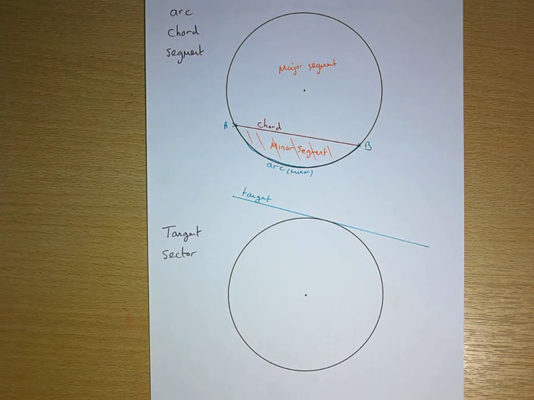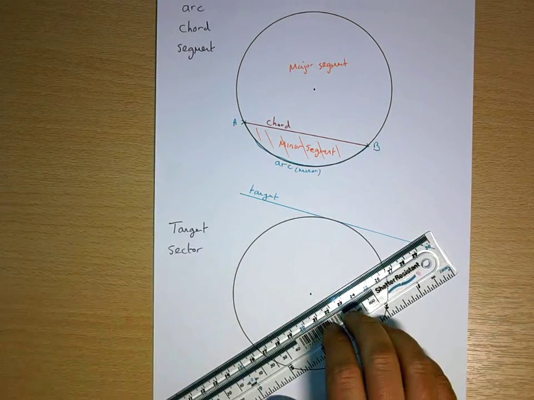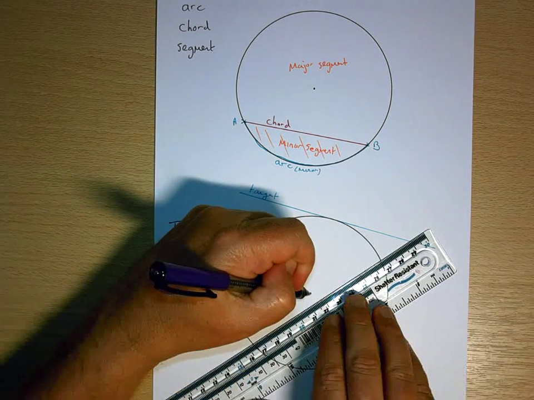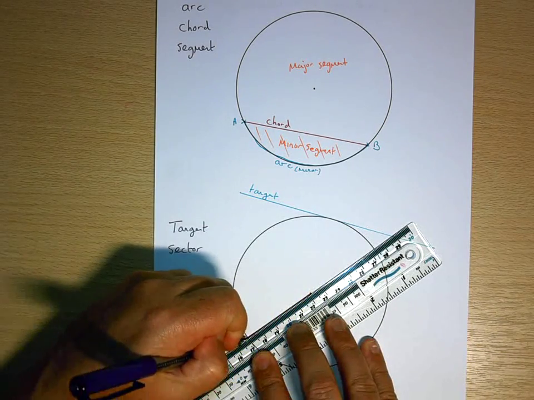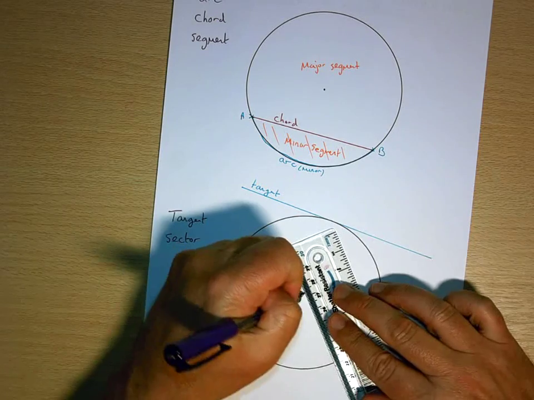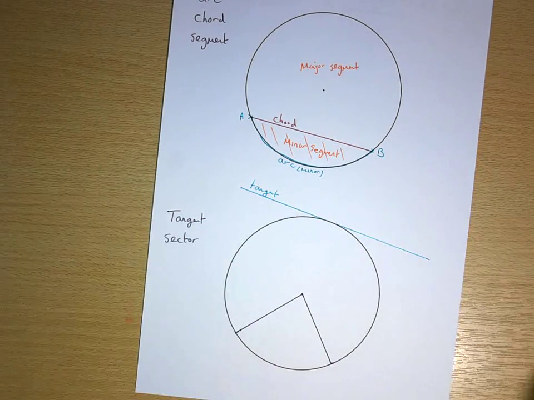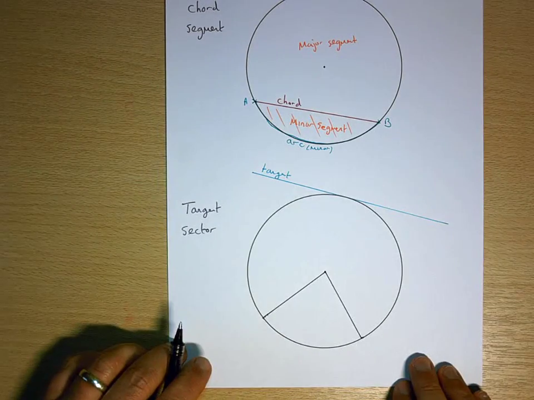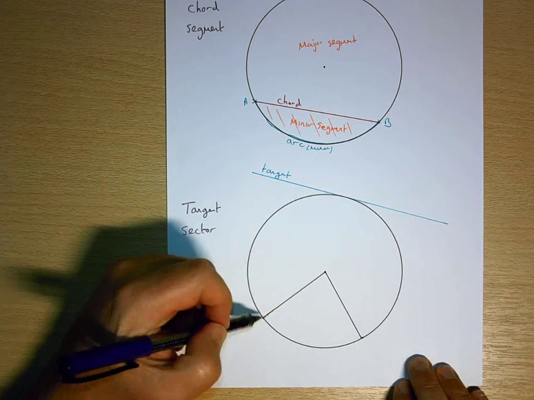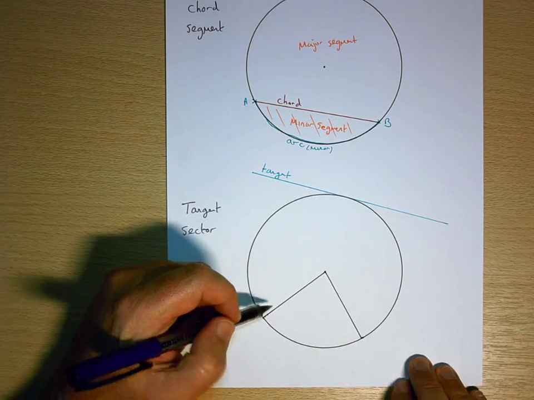And a sector, what a sector does is it cuts a slice out of your circle. So it joins the centre, so it's the intersection of 2 radii.